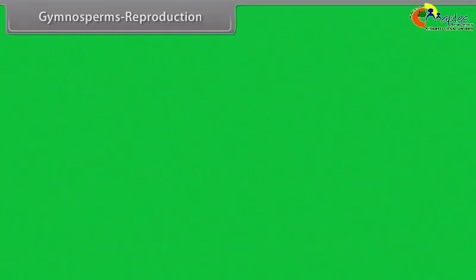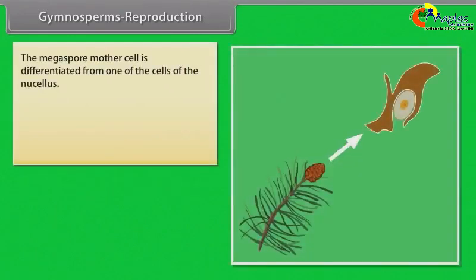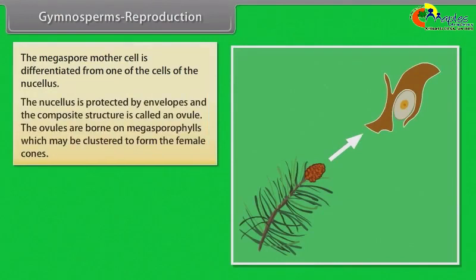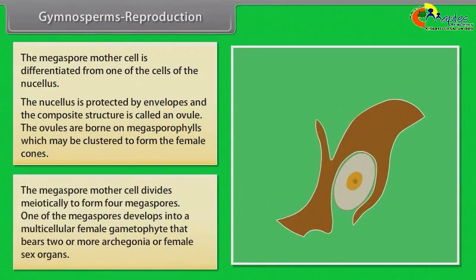Gymnosperms. Reproduction. The megaspore mother cell is differentiated from one of the cells of the nucellus. The nucellus is protected by envelopes, and the composite structure is called an ovule. The ovules are borne on megasporophylls which may be clustered to form the female cones. The megaspore mother cell divides meiotically to form 4 megaspores.